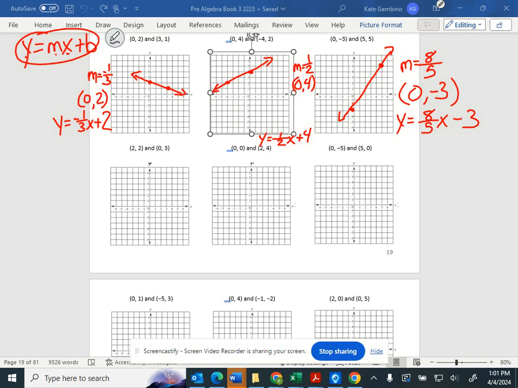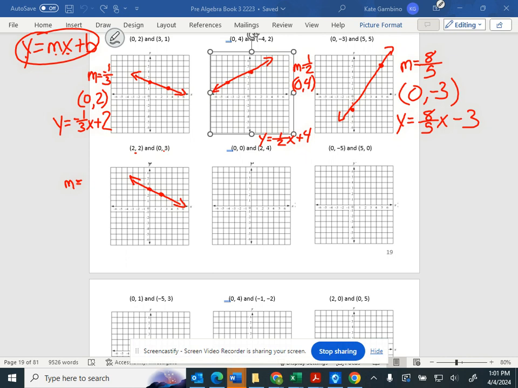Henry, what do we do on the fourth one? The first one is 2/2. Okay. So we graph 2/2. Then we graph 0, 3. Then we draw our line. What's my next step, Henry? We have to do the equation. No, we don't do the equation yet. We do the slope. M equals 2/1.